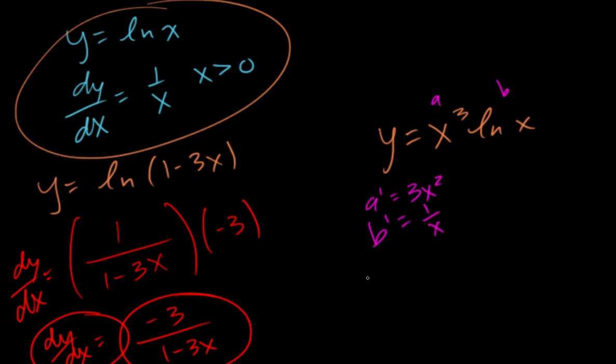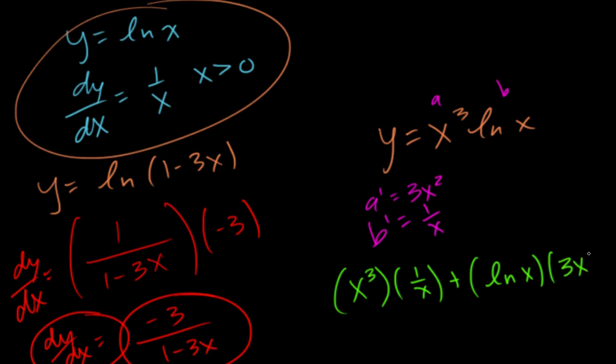So with the product rule, we just write one of them, and then do the derivative of the other one, and then we write the other one times the derivative of the one we haven't done. Okay, we could simplify this a little bit, because that's going to be x cubed over x, which would simplify just to x squared, so all of that, and then 3x squared natural log x.